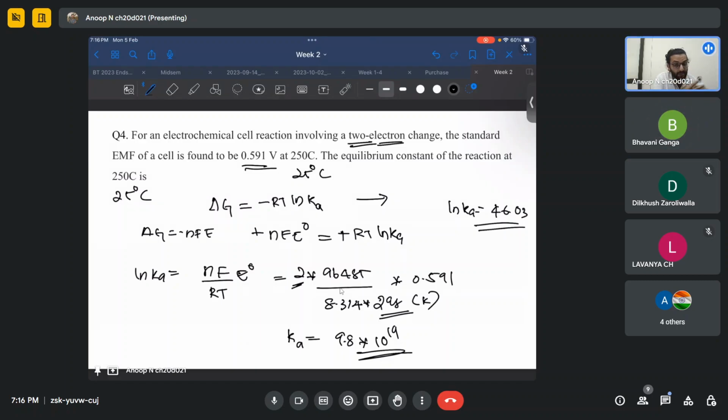One second. Can you repeat? Why do you want to use that? Here also it's direct, right? Yeah, RT by nF, you can use that, no problem. You just substituted the same one, right? RT by nF is 8.314 into 298 divided by 96485.